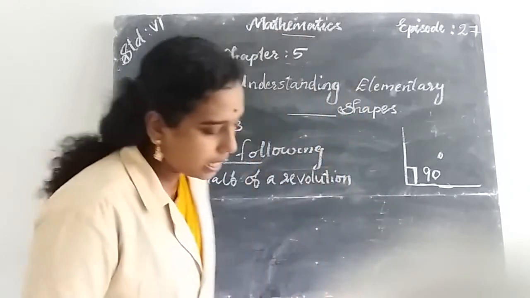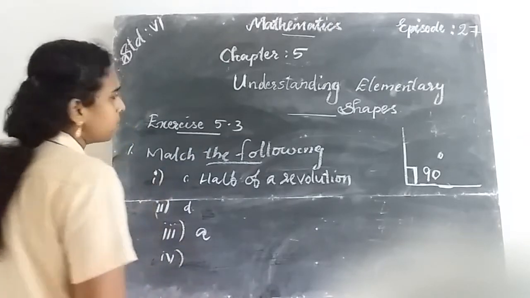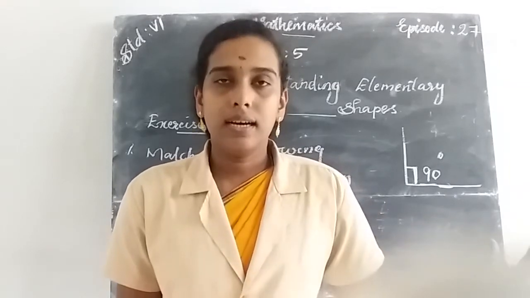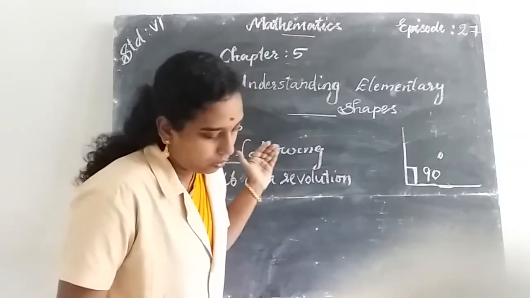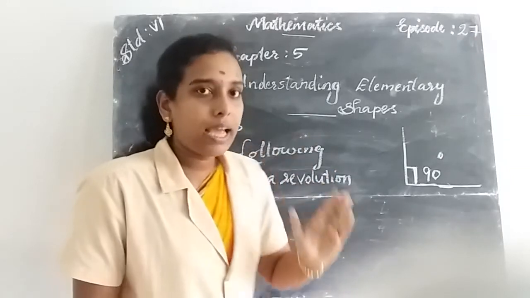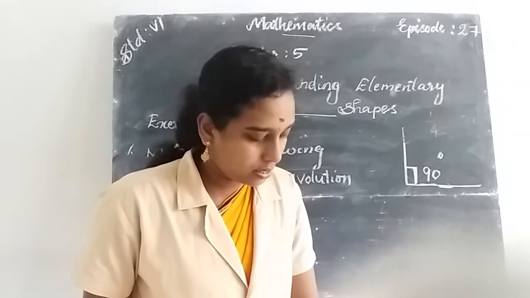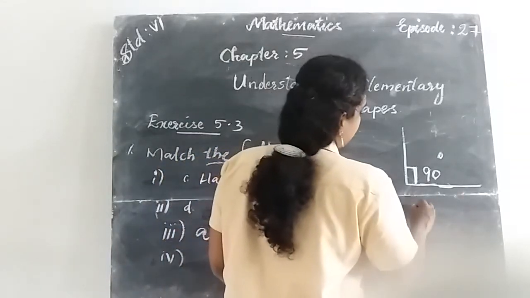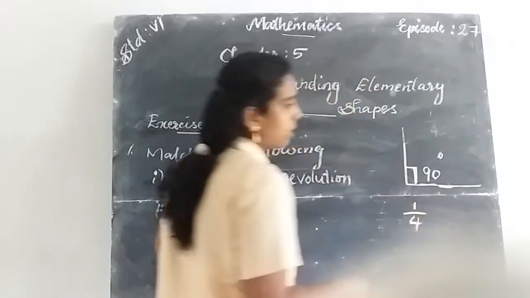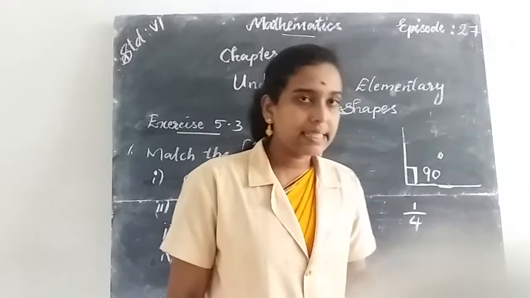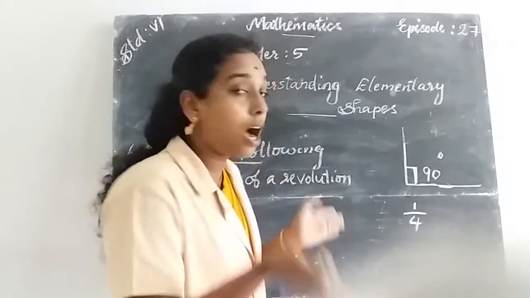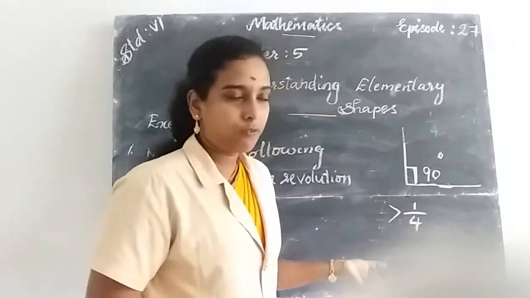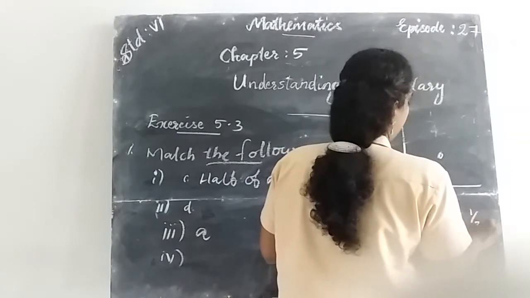Next one is obtuse angle. An obtuse angle is more than 90 degrees, more than a right angle, and less than 180 degrees. More than 90 degrees means more than 1/4 of a revolution, and less than 180 degrees, which is half of the revolution, so less than 1/2 of the revolution.